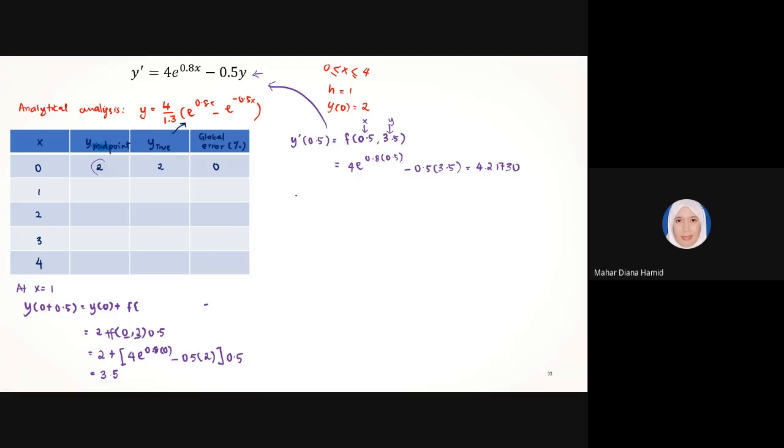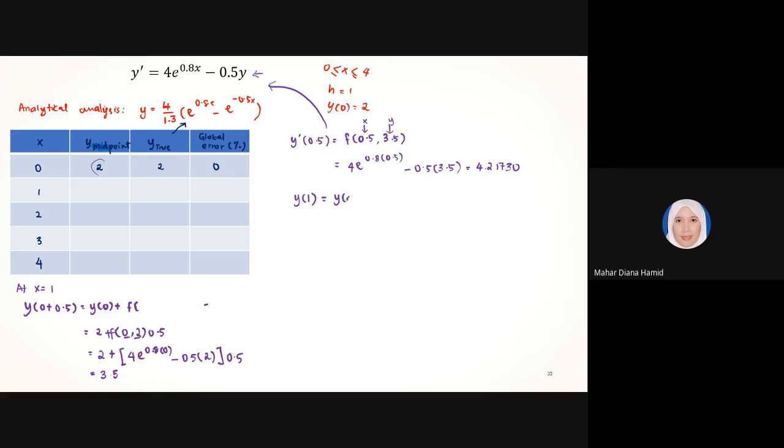And then the third step would be to extrapolate the value of yi plus 1, which in this case is y1, using the slope that we estimate in the middle of the interval.